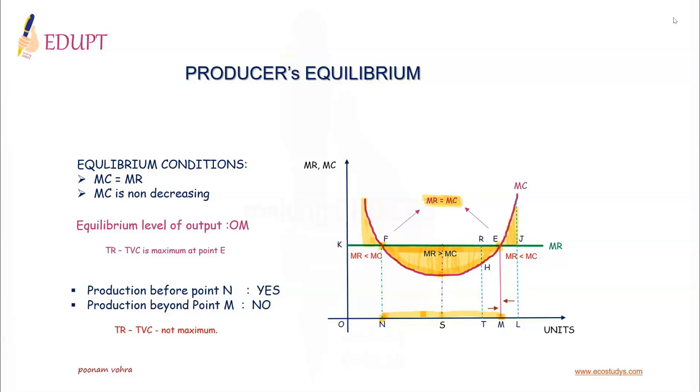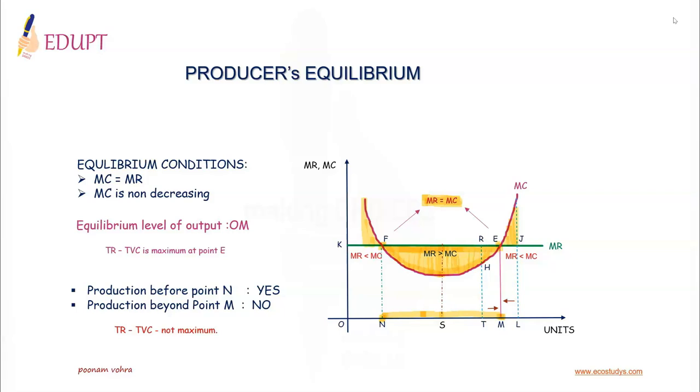Now there are 2 points at which marginal revenue is equal to marginal cost, and there is a point which one may feel is the situation where the producer is earning maximum profit. That is where the gap between marginal revenue and marginal cost is maximum.